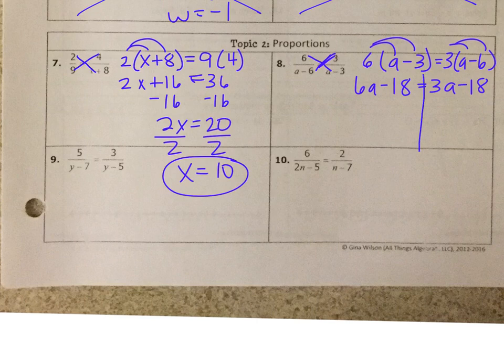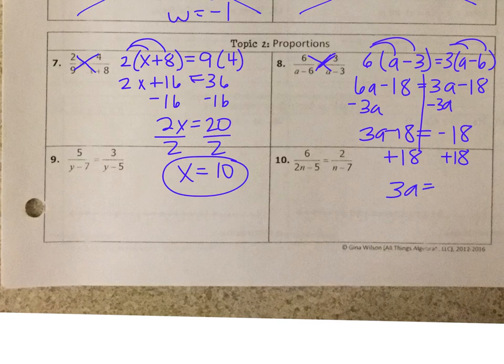I like to get my variables together. That gives me 3a minus 18 equals negative 18. Move my 18. 3a equals 0.